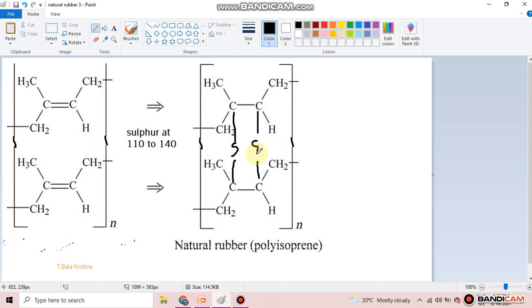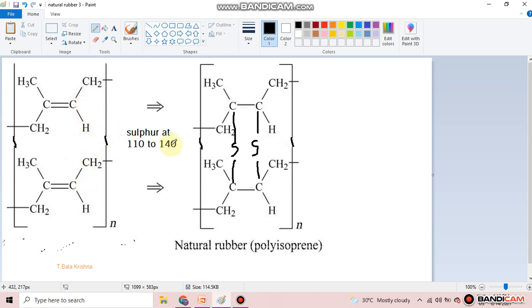Is it clear? Remember, the sulfur combines chemically at the double bonds of different rubber springs. Where the double bonds are present, at that position sulfurs are added. This is a very important point. Before adding sulfur, this is called raw rubber.